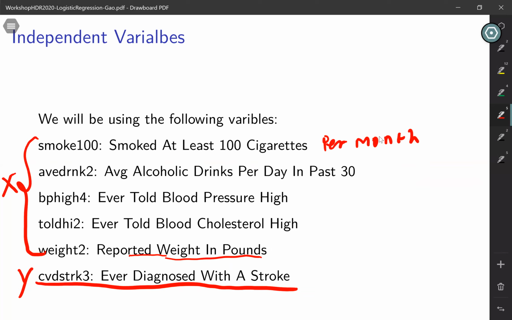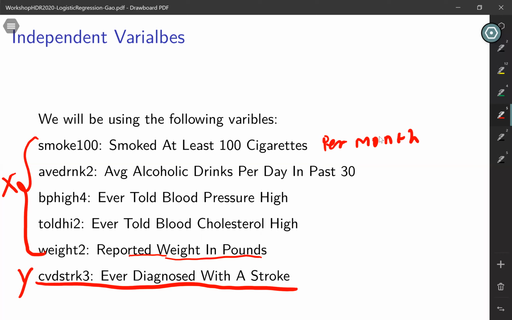So in this example, can you put a quantitative predictor and a categorical predictor together? Absolutely.